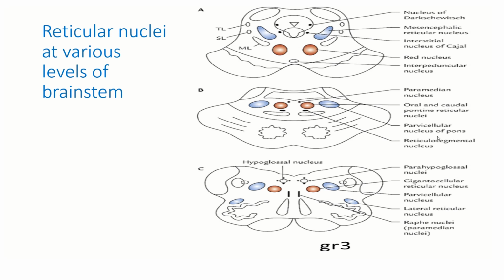You can see the reticulotegmental nucleus, and the parvocellular nucleus of pons. Within the medulla, parahypoglossal nuclei, gigantocellular nuclei, parvocellular nucleus, lateral reticular nucleus, raphe nuclei, and paramedian nuclei. So like this, a number of nuclei have been identified. It is very difficult to memorize all the names, so we just call it the reticular formation.